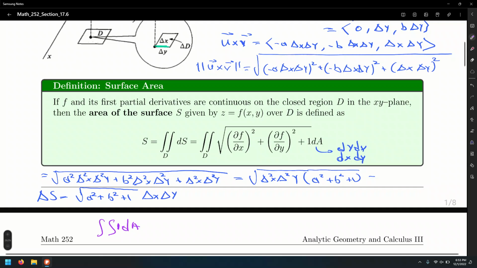What does that double integral represent when we have a 1 over here? Area. What about the double integral when we have some f of x y over here? What does that represent? Volume. What does the triple integral with a 1 dV represent? Volume, right? So in a similar way, notice we have this surface area with a 1 in the integrand.